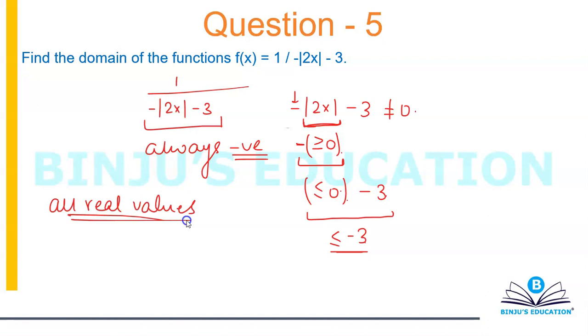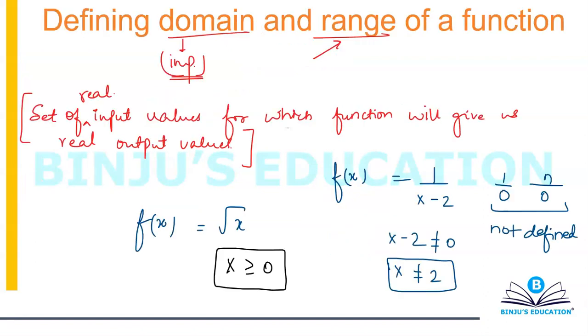Okay. So this is more or less what you need to know regarding a domain. So I'll just quickly revise it for you. When you talk about the term domain, it's basically those real input values for which your output is always real.